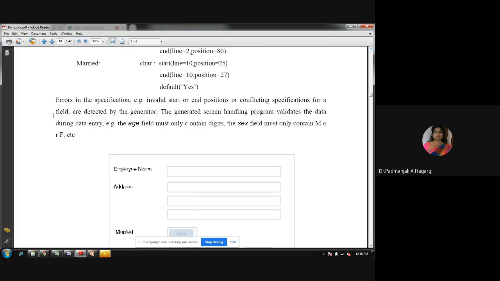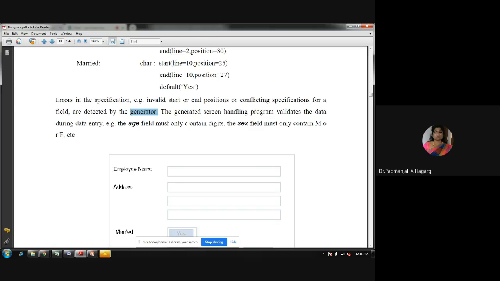Here the errors can be an invalid specification, or start or end positions conflicting with the specifications. For a field also it can arise, and these are detected by the program generator, and the generated screen handling program validates the data during the entry.